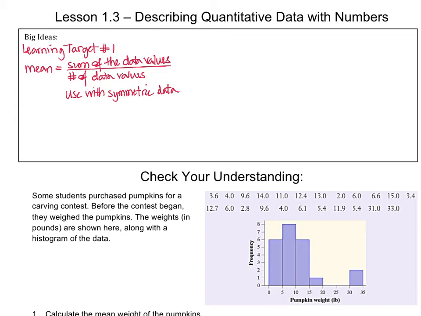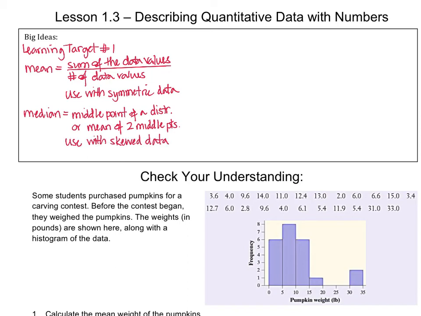Now, when it comes to the median, it's just the middle point of a distribution, or the mean of the two middle points. And the median can be used for both symmetric and skewed data, but it's really effective with skewed data because it isn't affected by those extreme values like the mean is. Not being affected by the extreme values is something that we call resistant.